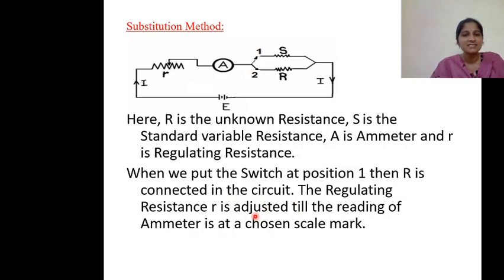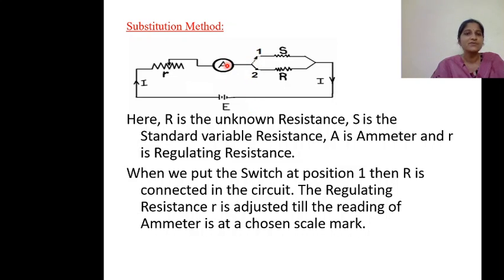The regulating resistance is adjusted until the ammeter reading is at a scale mark. The ammeter reading should be chosen at a low value so that the losses in the circuit are reduced. So first set a value on the ammeter. If you set the ammeter value to 1 ampere, the current should be the same when the switch is moved to position 1 also.